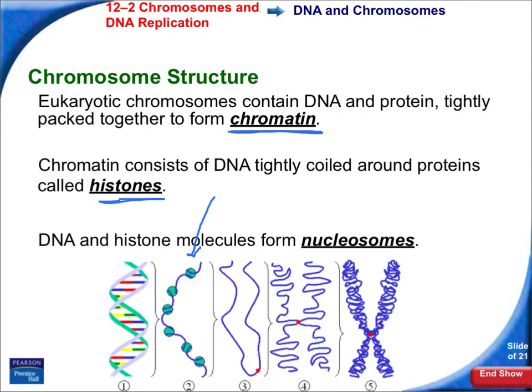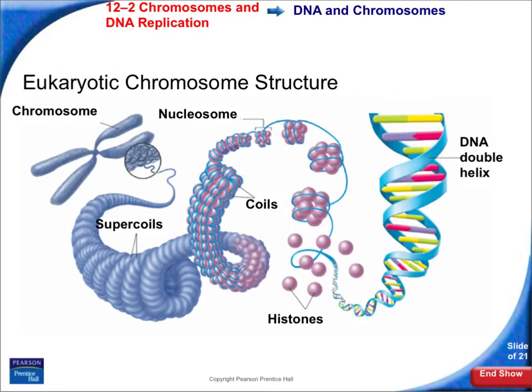When they do this, they form something that's called a nucleosome. You can see here's our DNA, and it starts to wrap around those histone proteins. It forms a complex that's called a nucleosome. You see the little nucleosomes here. Eventually it will keep coiling, coiling, coiling, and it will form a chromosome.